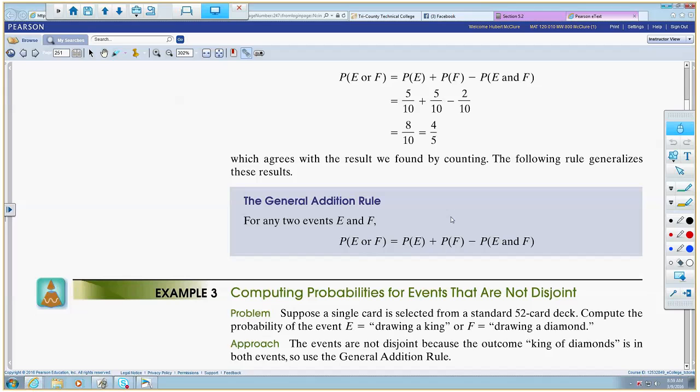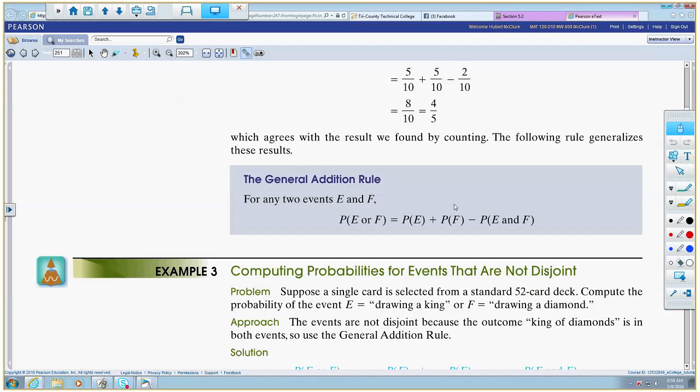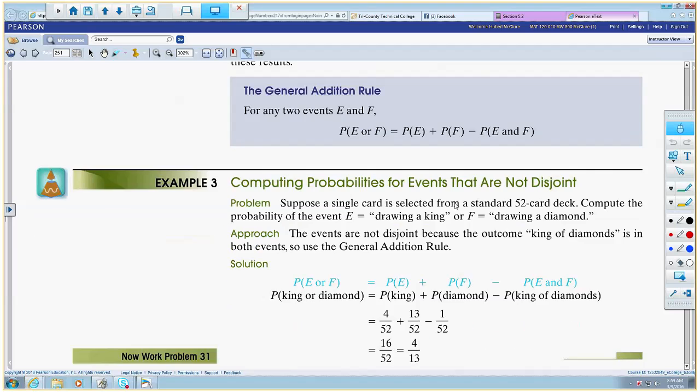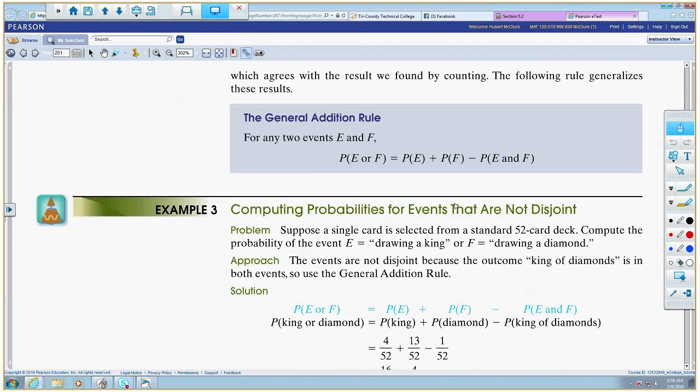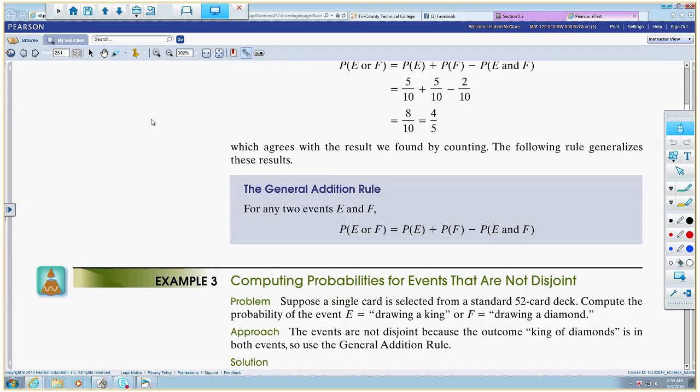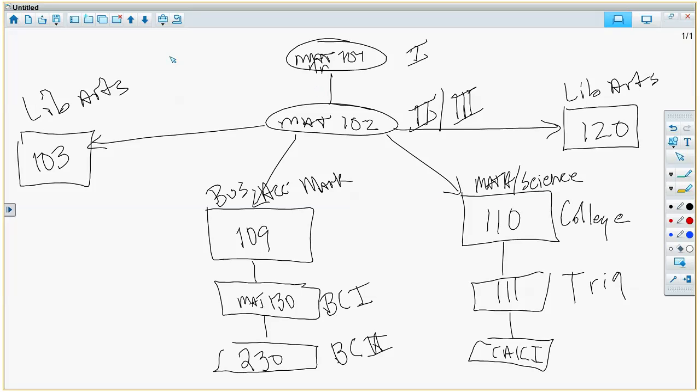Now, with or, you've got to think about the word or, and you're going to add the two together. All right? Now, they're talking about joint and disjoint. We'll go back after you write that down. I'm just going to write on the board.